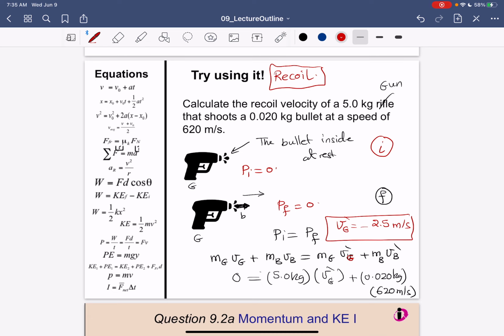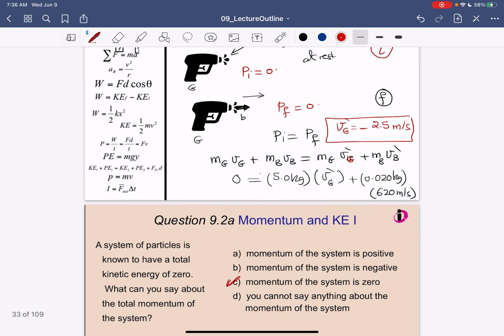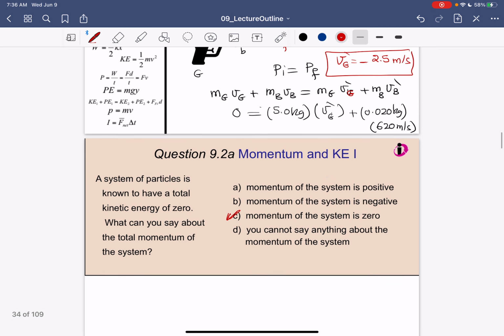Then 0 equals 5 times Vg prime plus 0.02 times 620 meters per second. I get a recoil velocity of negative 2.5 meters per second for the gun. Then the gun is going to recoil with that velocity. And as I said, one of the most important things is to control that recoil.